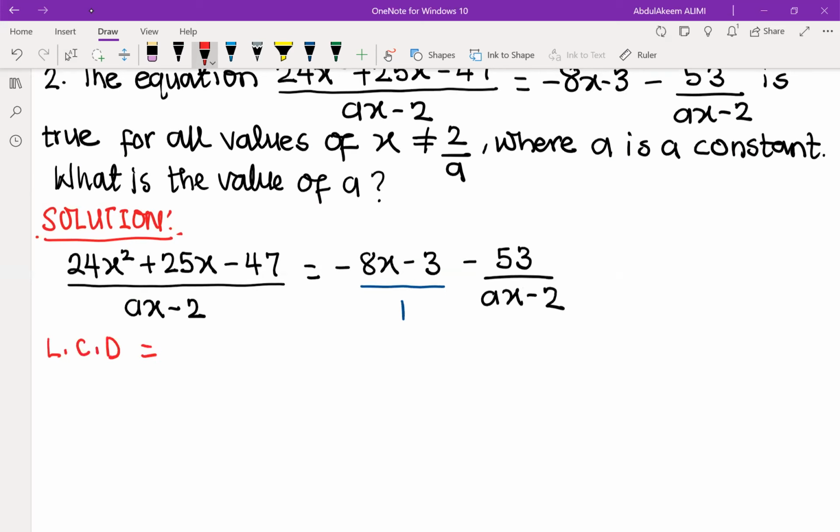So I have this one here, that's ax minus 2 also times minus 53 divided by ax minus 2.